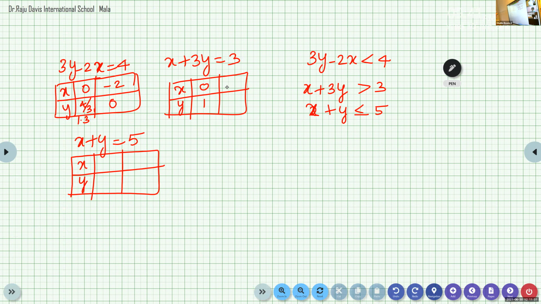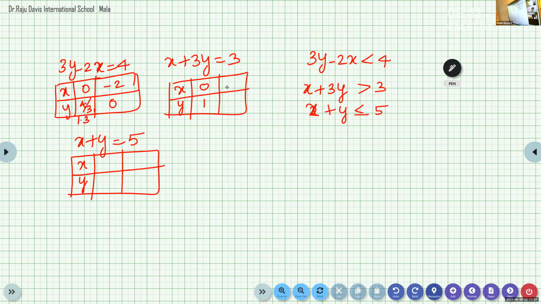Now tell me, Shubham, is it above the line or below the line? Put 0, 0 and check and tell me, is it above or below? Can you say it louder? When you put 0, 0, what will you get?